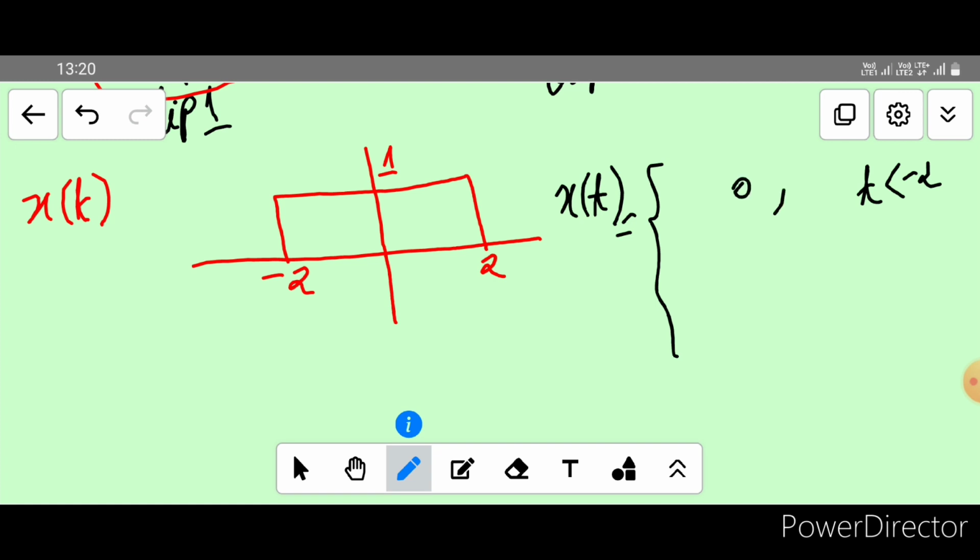When -2 is less than or equal to t is less than or equal to 2, x(t) is 1. And when t is greater than 2, our x(t) is 0 again. So this is our signal x(t).